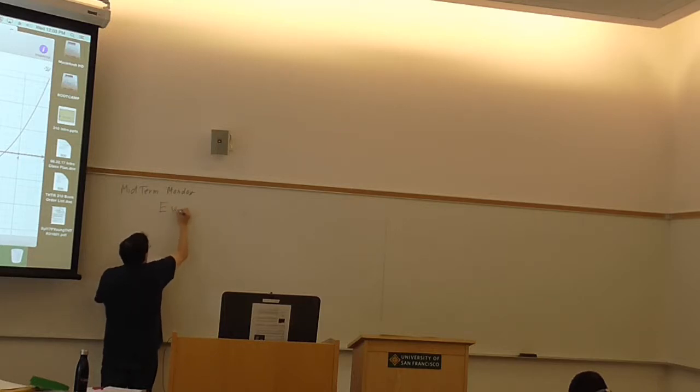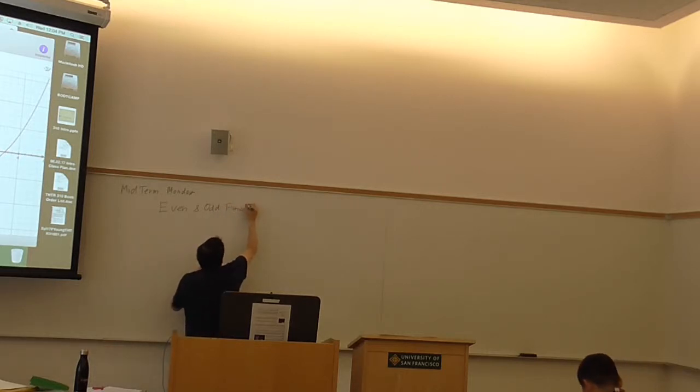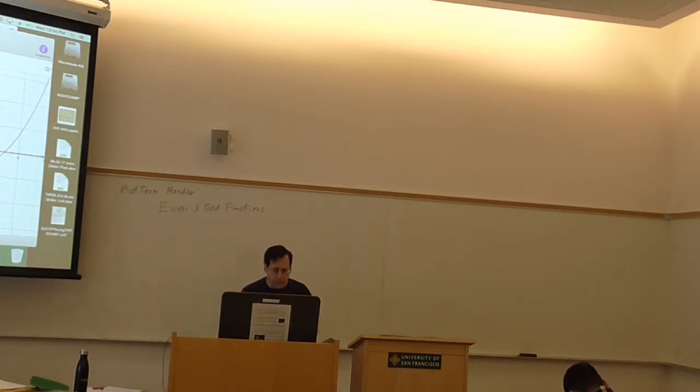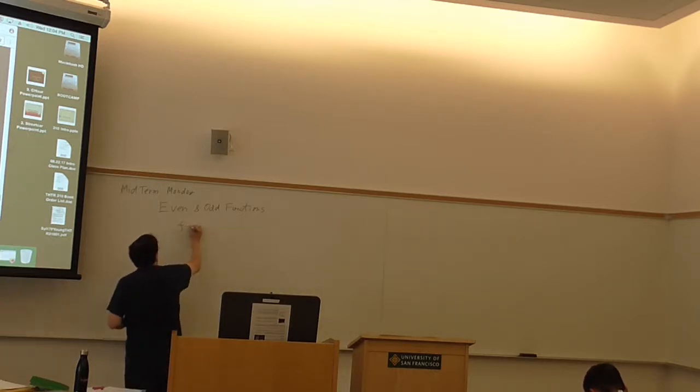We're going to look at even and odd functions. So let me just bring up an example. Let me just put this away. Okay, here's an example of an even function. It's our friend the parabola.